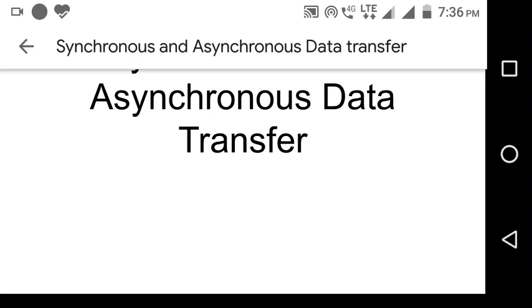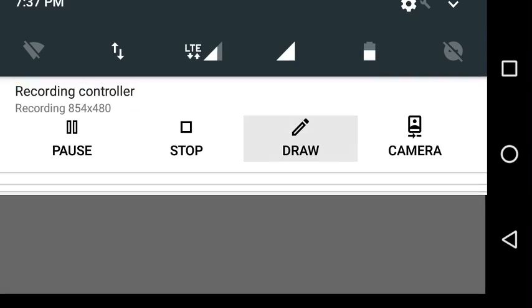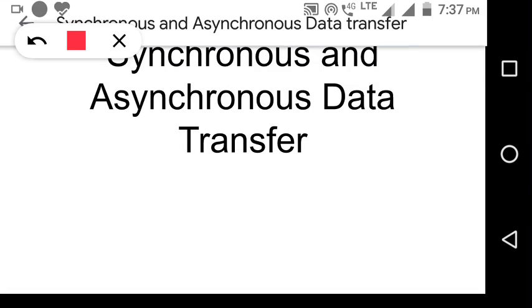Now we discuss an important concept called synchronous and asynchronous data transfer. See why? Before discussing this data transfer, we really need to understand why it is required to learn about data transfer. Because a lot of data transfer is happening between main memory and CPU registers.